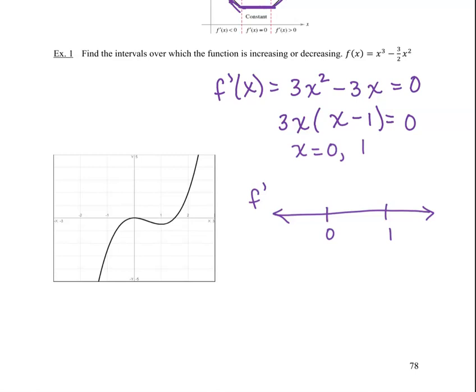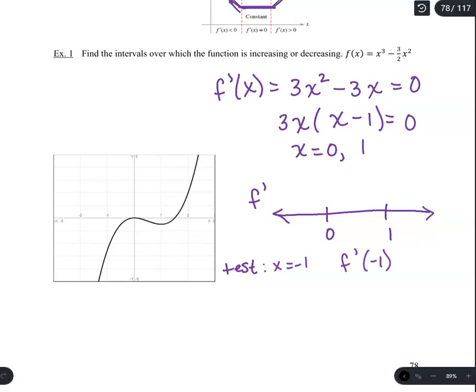And then what I'm going to do is choose a test point. So in each interval, I'm going to test out a number that's in that interval, and I'm going to plug it into f prime to see whether it's positive or negative. So let's say I test out negative 1. If I plug negative 1 into f prime, I don't even care what the number is. I just care whether it's positive or negative.